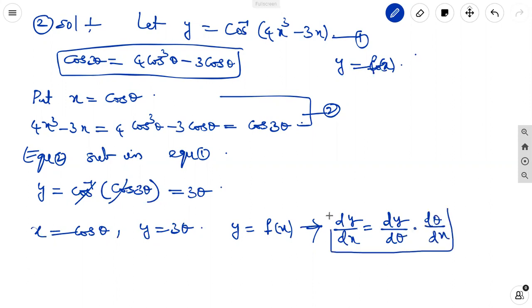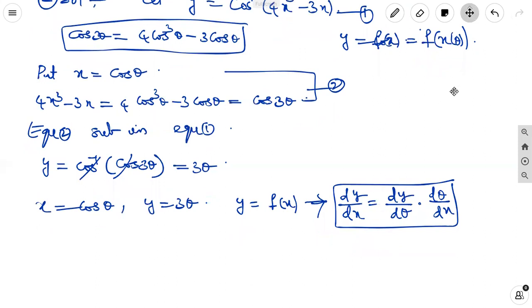Why? Because y is a function of x, but x is a function of theta, that is f of x of theta. In that case, y is differentiating with respect to x, means y is differentiating with respect to theta, again theta is differentiating with respect to x. It is the parts by parts method.